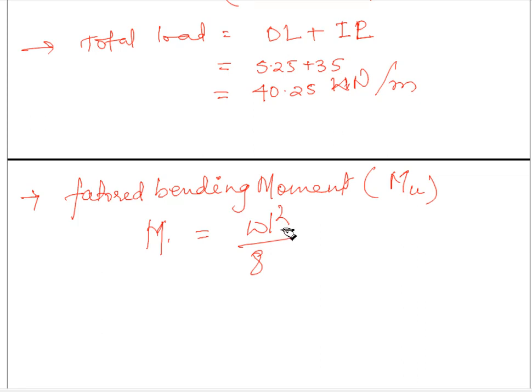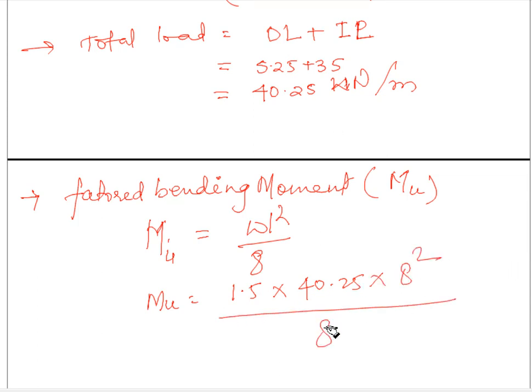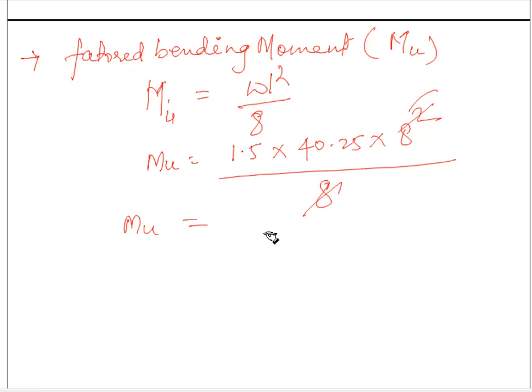So MU equals 1.5, that is your factor of safety, times W which is 40.25, times L which is 8, the effective span, square, divided by 8. This is your design moment, 482.96 kilonewton meter.